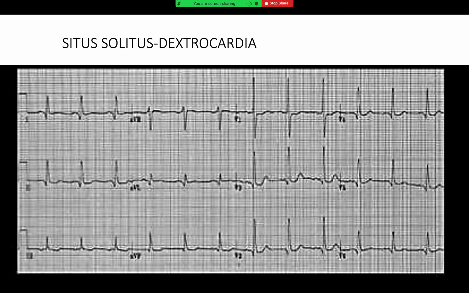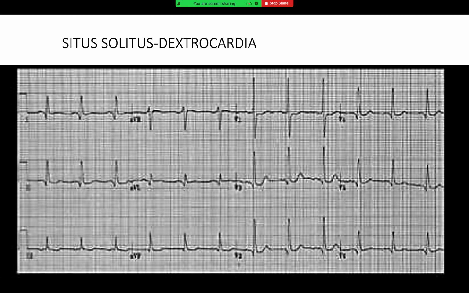Similarly, we notice that counterclockwise depolarization in the limb leads shows Q waves in leads 1 and AVL, isn't it? Similarly, if we look further at V1, V2, what do we notice? The R waves are very prominent. Similarly, the RS complexes in the right precordial leads are pretty prominent as well.